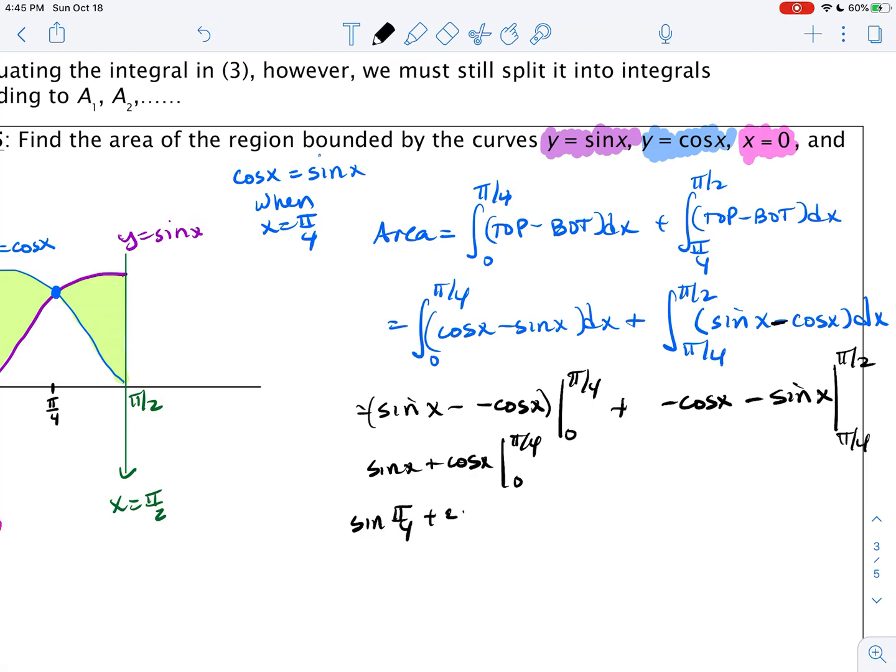And so we're going to get sine of pi over 4 plus cosine of pi over 4 minus sine of 0 plus cosine of 0. And on this side, this plus is that plus.